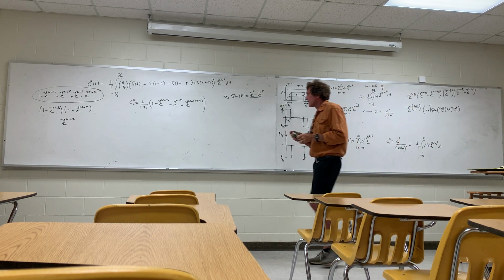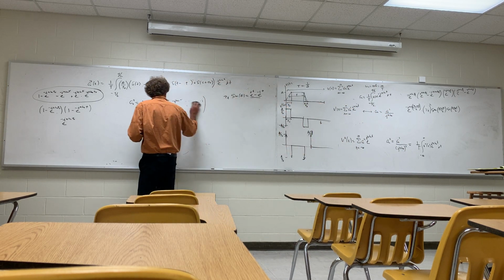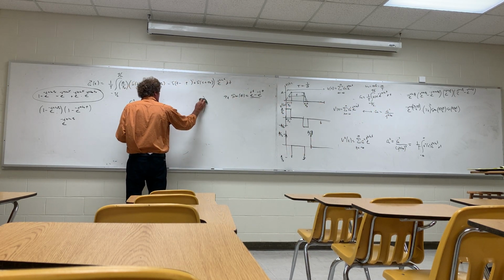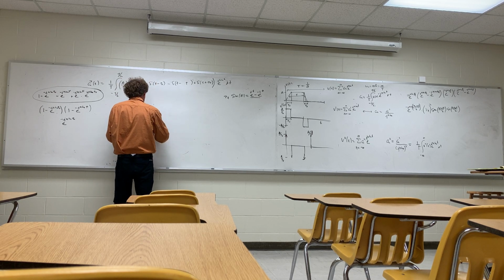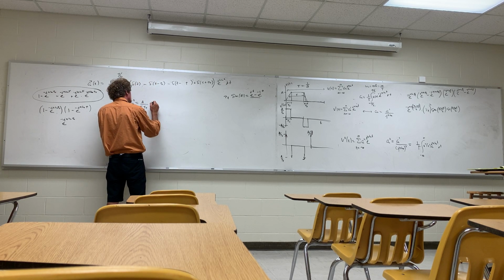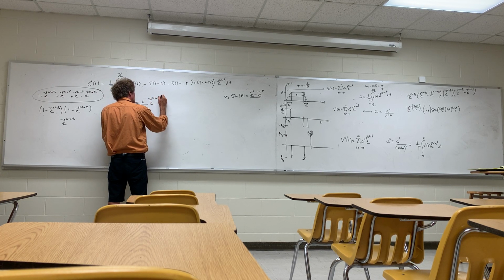So now I come over here, and for the sake of time, I'm just going to erase this, and I'll put that in there. So now I have really the phase term, e to the minus j n omega naught quantity tau rise plus tau over 2.